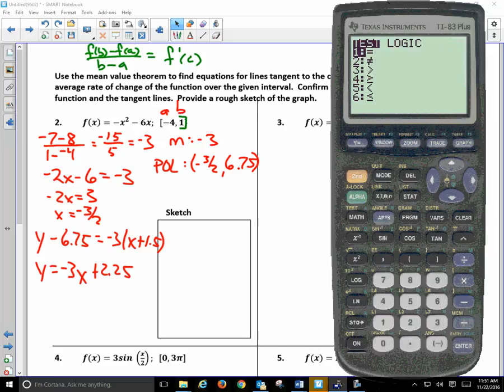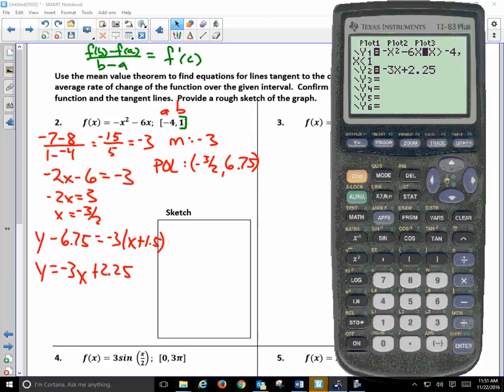X can go greater than negative 4, comma, x less than 1. See if it shows the actual, oh, it doesn't like that. I can't remember how to do the piecewise function thing. Instead of a comma, I need something else, but I don't know what it is. Oh well, I'll figure it out some other time.